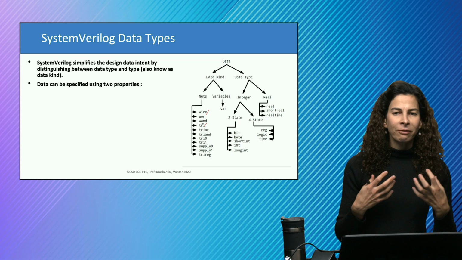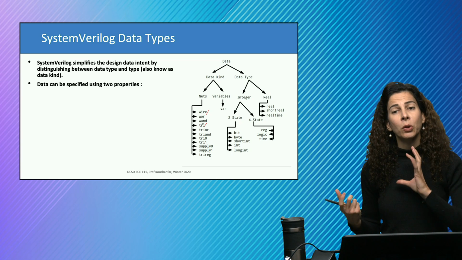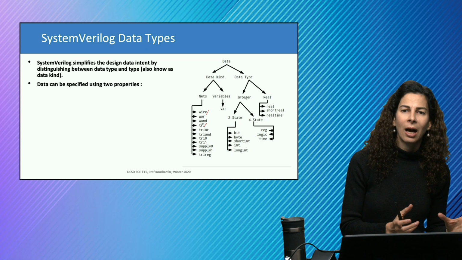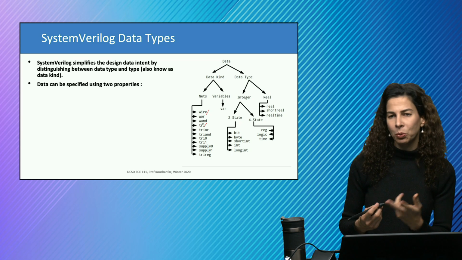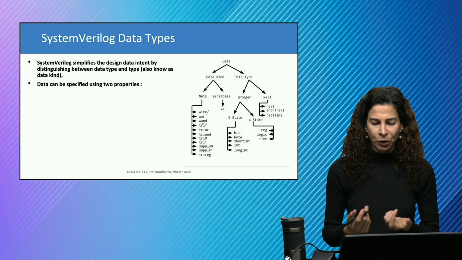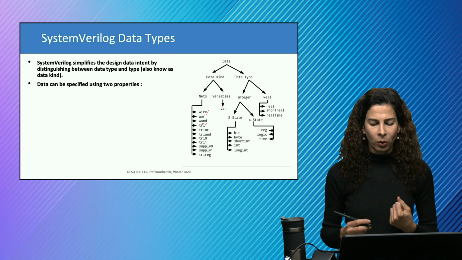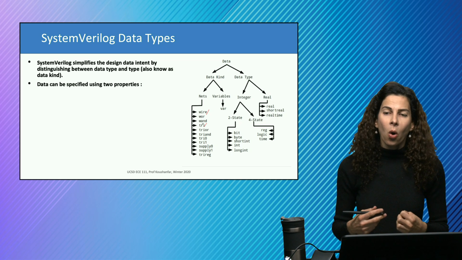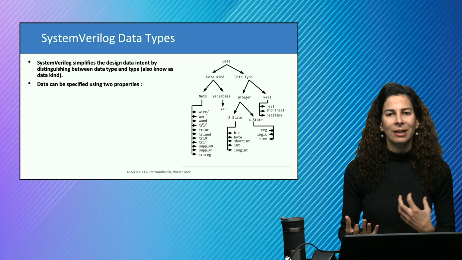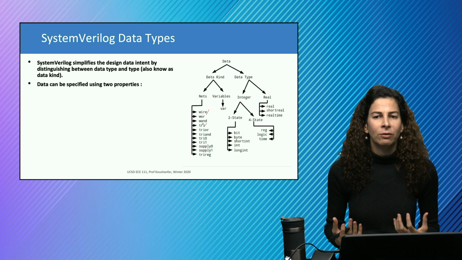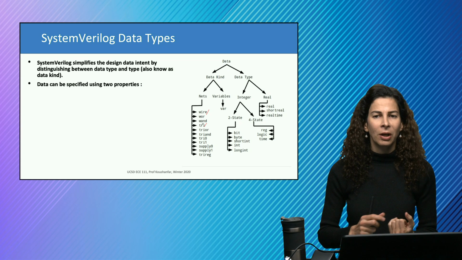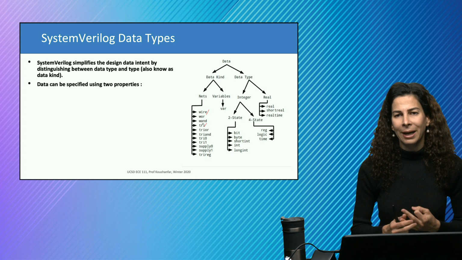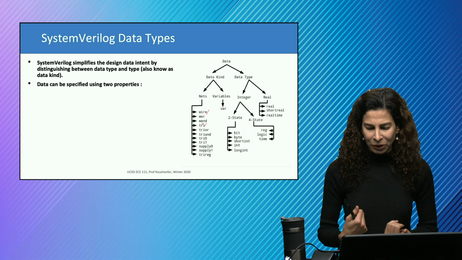Now, after we have this kind, what we are going to store in this kind is a data type. And the data type can be two-state, like a two-state logic, like bit, byte, or integer or long integer, or it could be a 4-state, like if you define register, you could assign any of the 4 states we've seen earlier, like 0, 1, X, or Z, to that register.